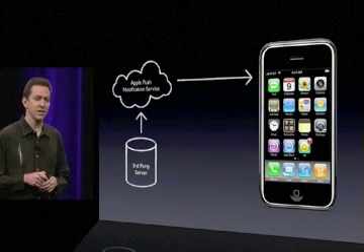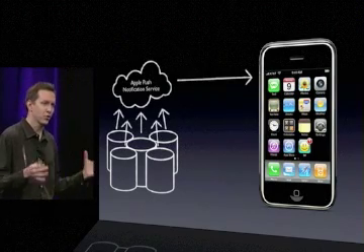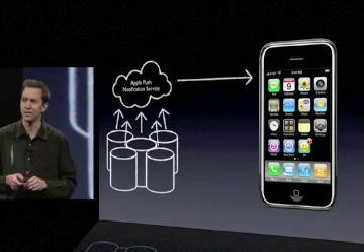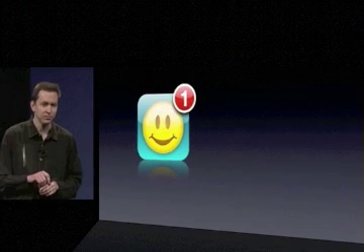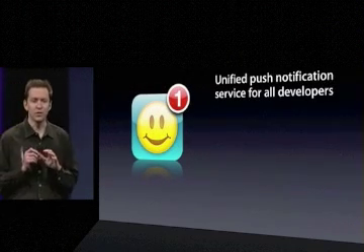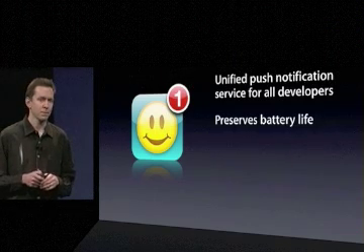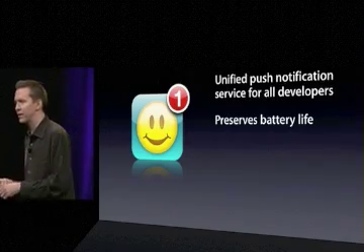The great thing about this design is it scales. It scales to many third-party services. But still, there's only one persistent connection needed to the phone. So the push notification service is a unified push notification service for all developers. It preserves battery life. There aren't background processes draining your battery.